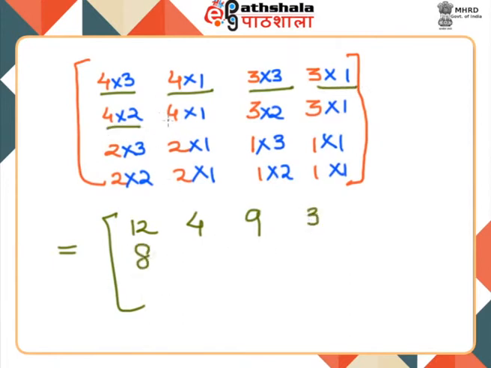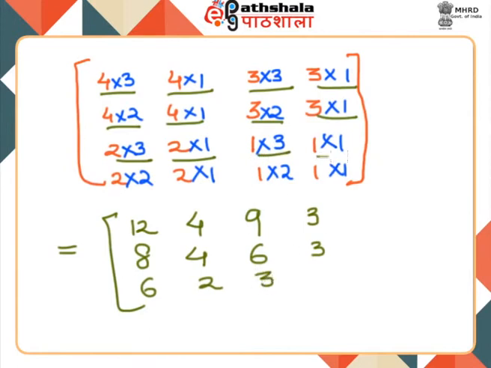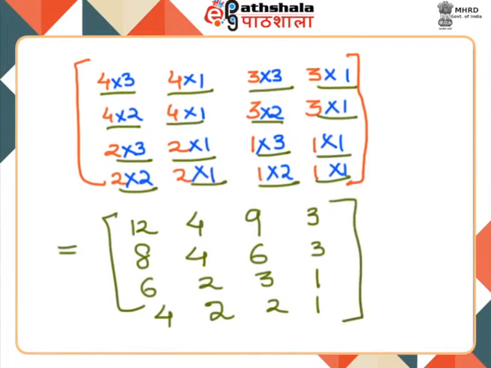Then 8, 4, 6, 3, 6, 2, 3, 1, 4, 2, 2 and 1. So what you can see is this is the direct product between the matrix A and B that we had taken, which were 2 by 2 matrix each, and the product is a 4 by 4 matrix.